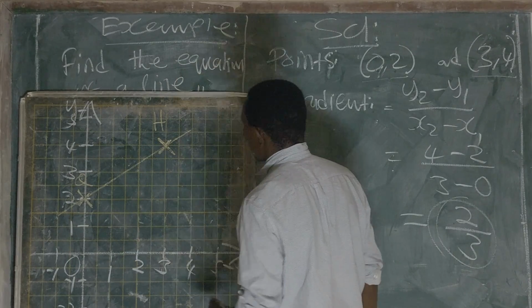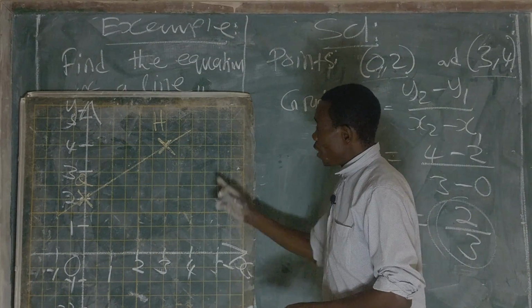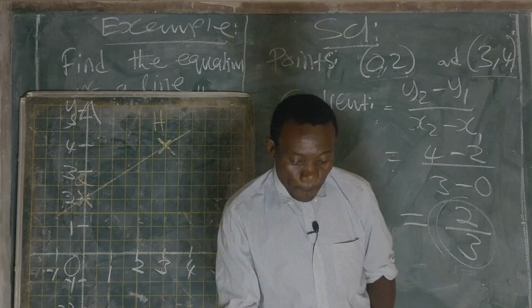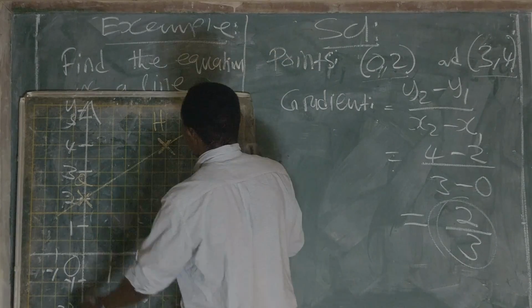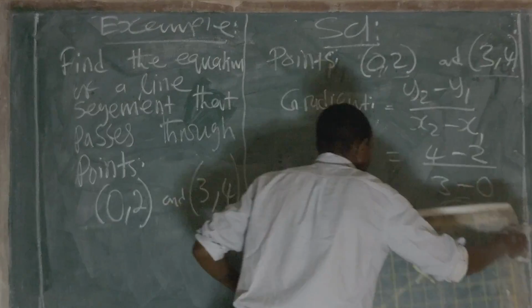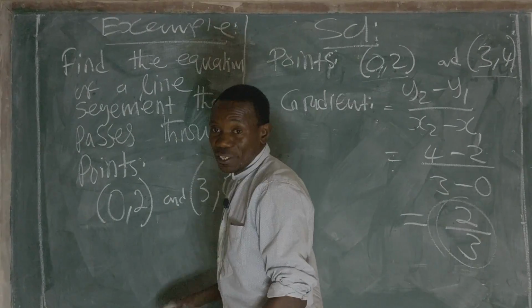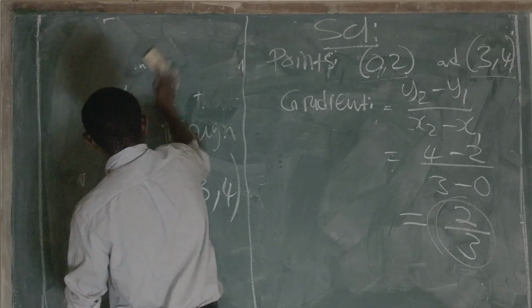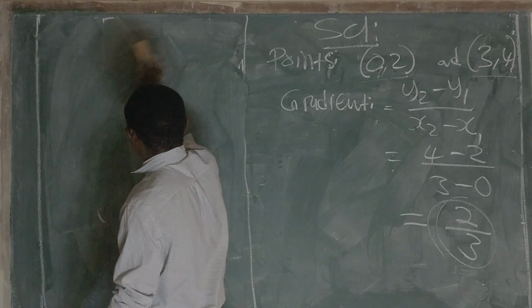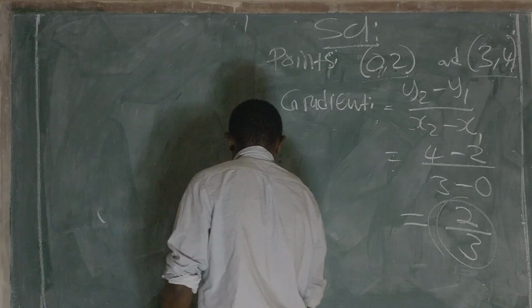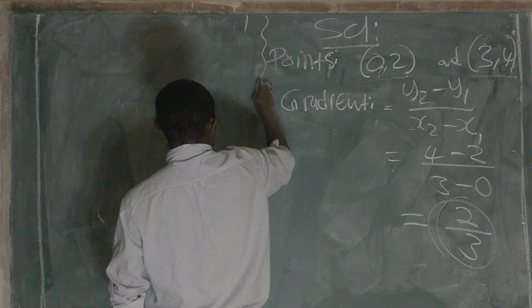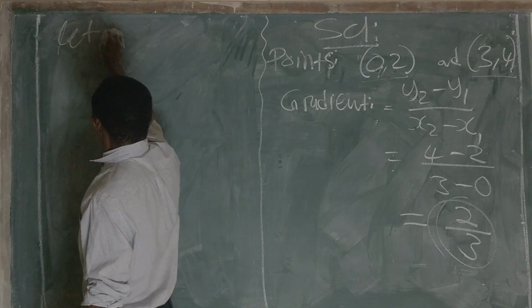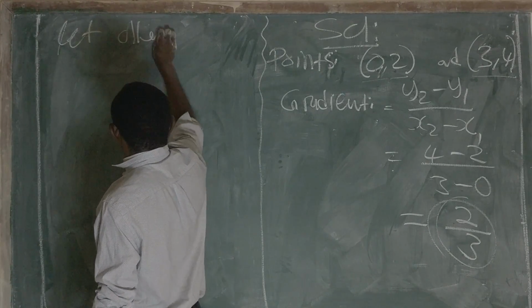So let's have a representation of other points. Let all other points be represented by (x, y), because every other point we identify within that line has the same order of values: a value of x and a value of y.